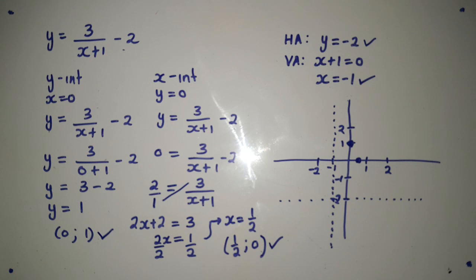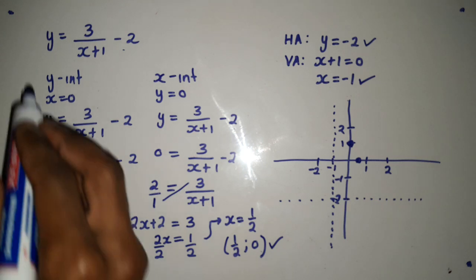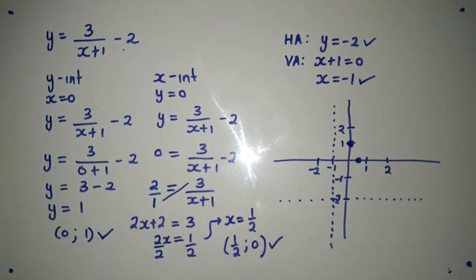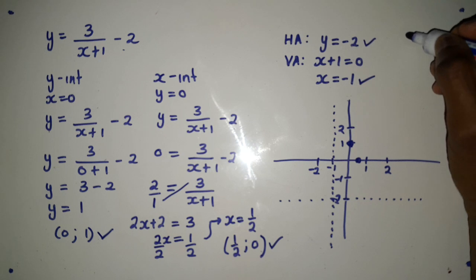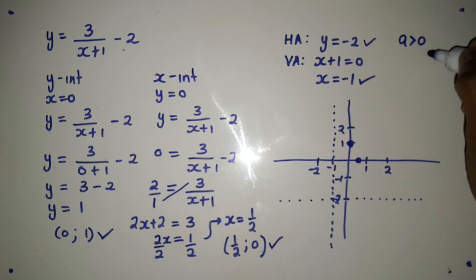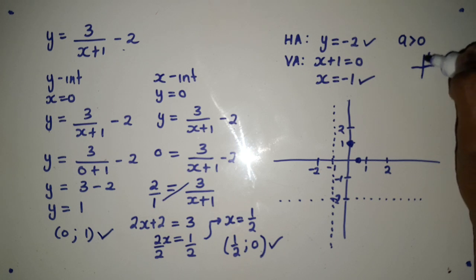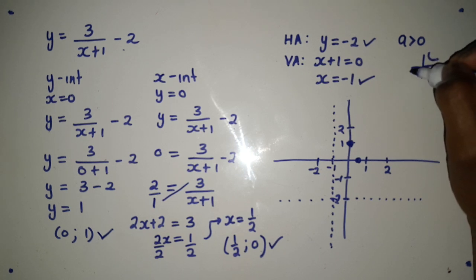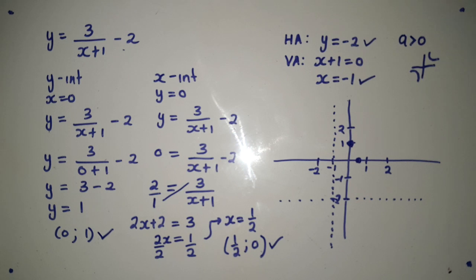Now, at this point, you just need to ask yourself what is the value of a in this. We can clearly see that our a value is positive 3. Don't forget that our graph, we said, is going to lie more on this quadrant and also this one.